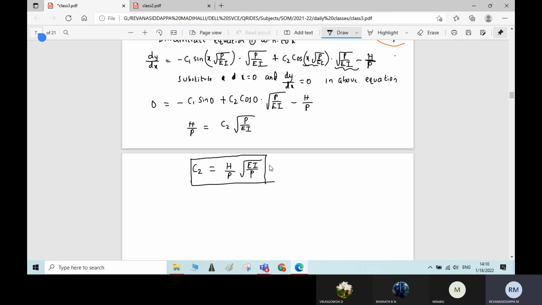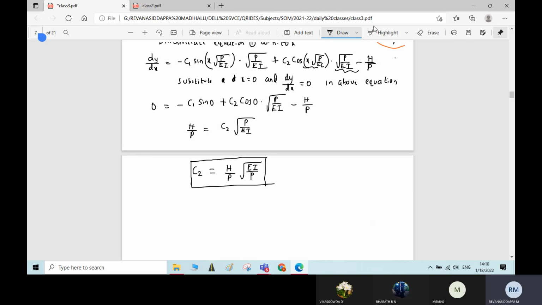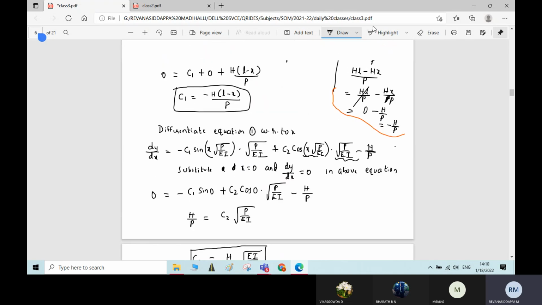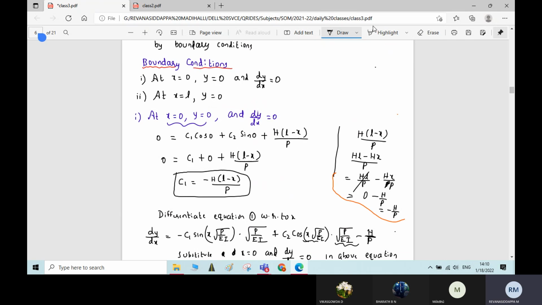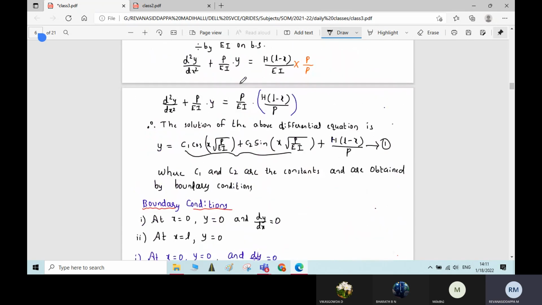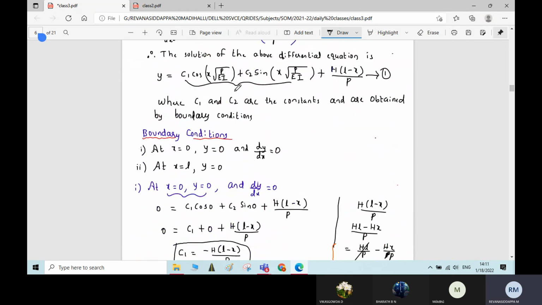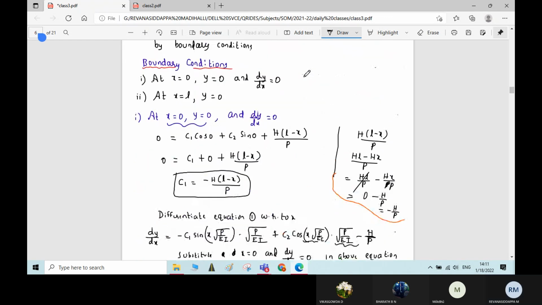So here we had two constants, c1 and c2, in this equation 1, and we got the values of both. Now substitute the values of c1 and c2 in equation 1.